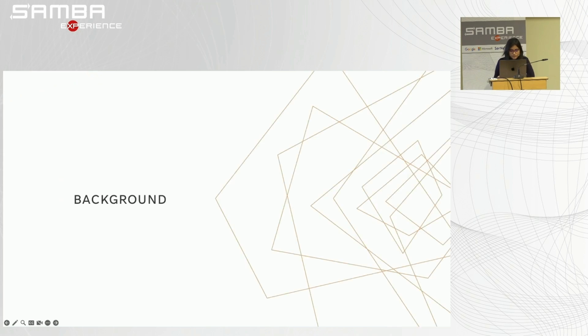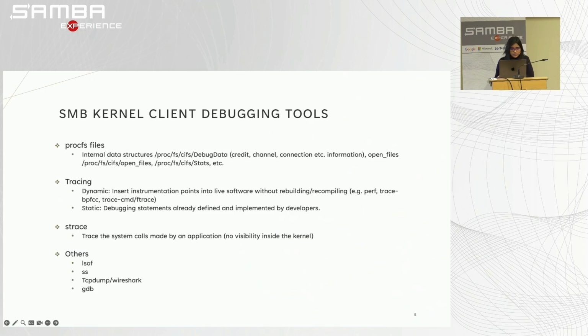All right. So for the background, here are some of the debugging tools that are available for the Linux SMB client. There's procfs files, which has debug data and information about open files, and some statistics from the client in procfs stats, etc. Then there are static trace points, which are debugging statements that are already added to the code by the developers.